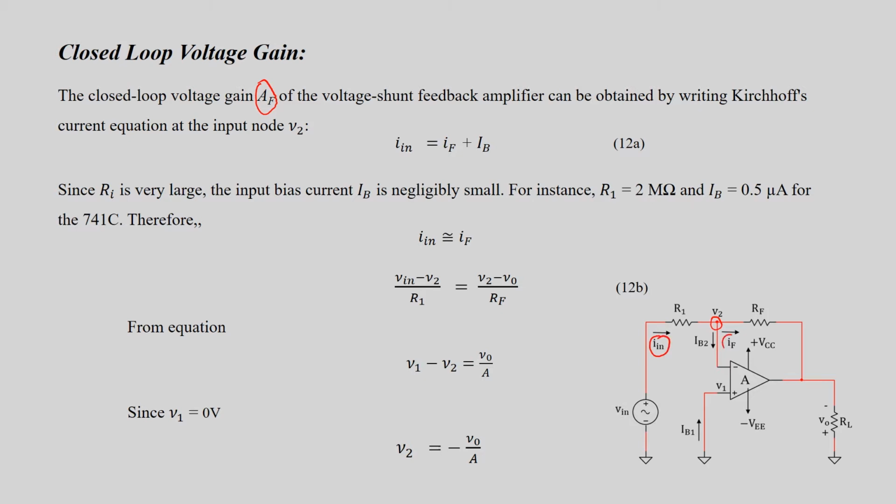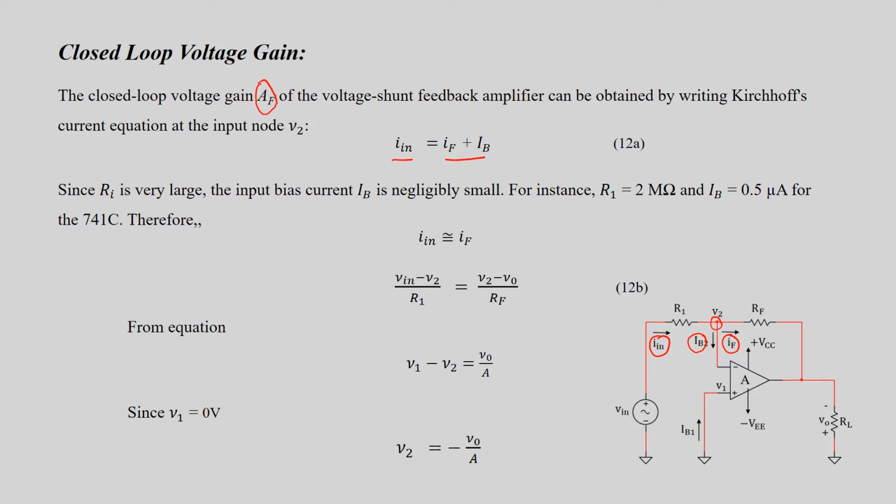IF is the feedback current which is going into the resistance RF, and IB is the input bias current going into the op-amp. Now we can write In is equal to IF plus IB.